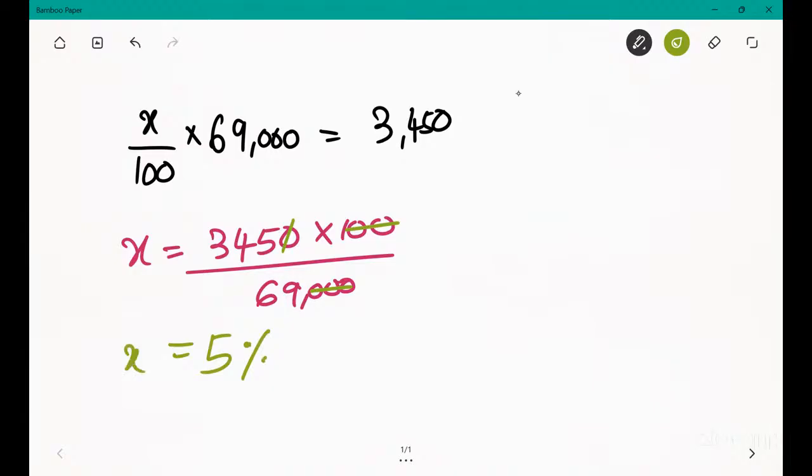So 5% is the interest rate. Okay, yeah. So that is that interest question. So usually you get dividends and shares with annual interest. That's the usual pattern that you see.